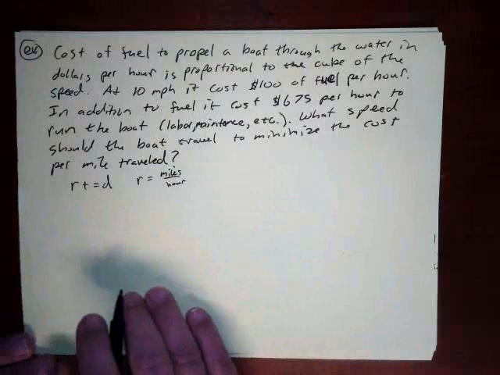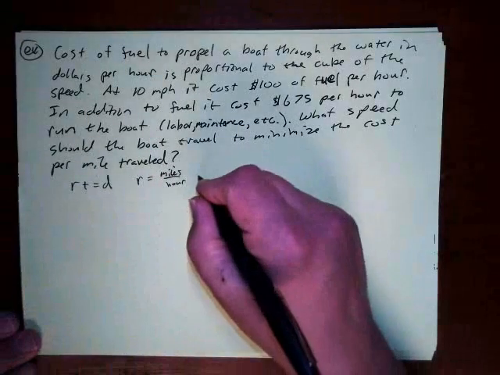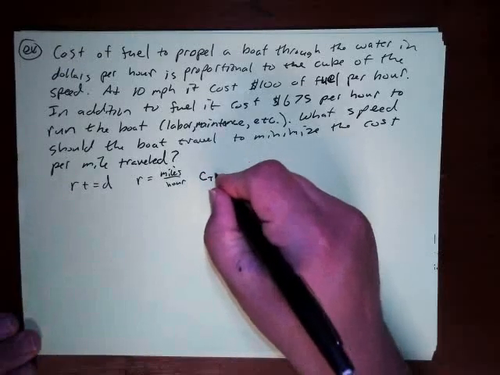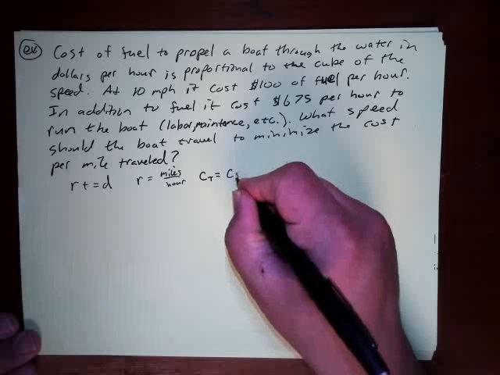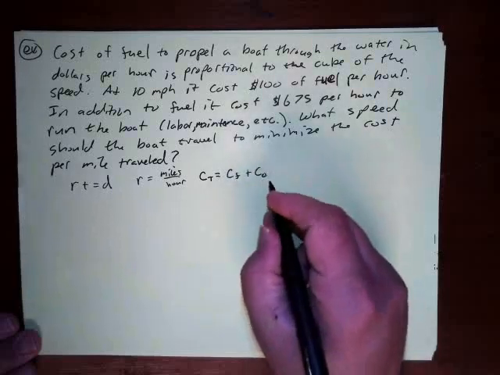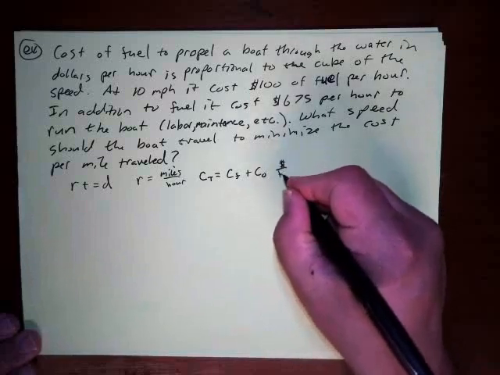But our equation is going to need to be cost in dollars per hour. So our cost, and I'm going to say cost total, because we're going to have cost for fuel plus all those other costs, which I'll say C naught. Okay, and this is going to need to be in dollars per hour.